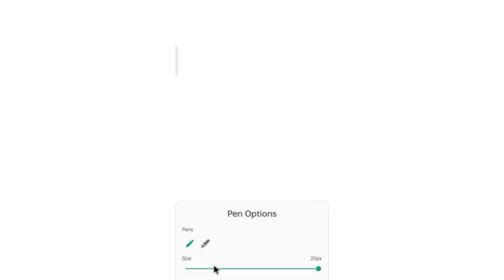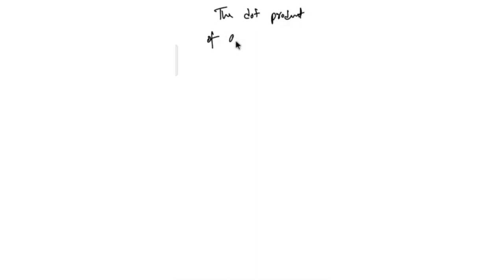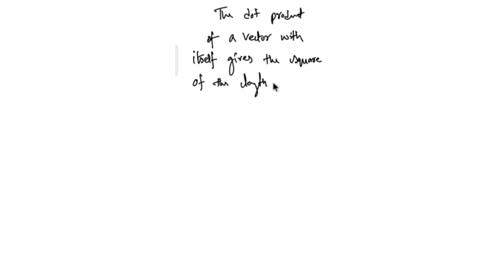If I could write that in a statement: the dot product of a vector with itself gives the square of the length, or you could say magnitude, it's up to you.